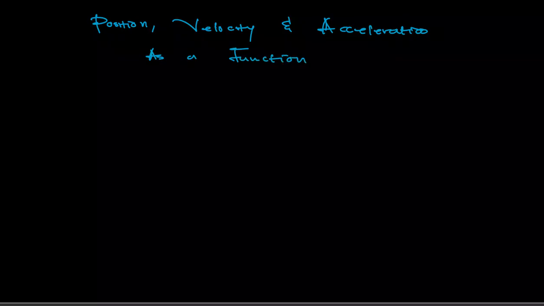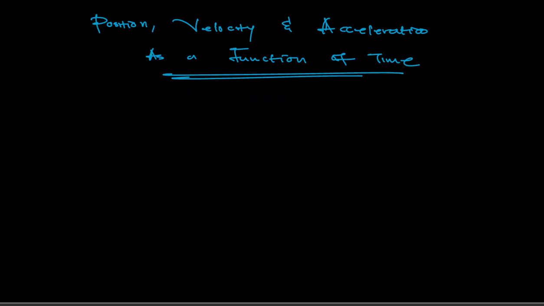I don't want to go directly to solving this question. What I'm going to show you is the formula for position as a function of time, which is given by x equals A cosine wt.